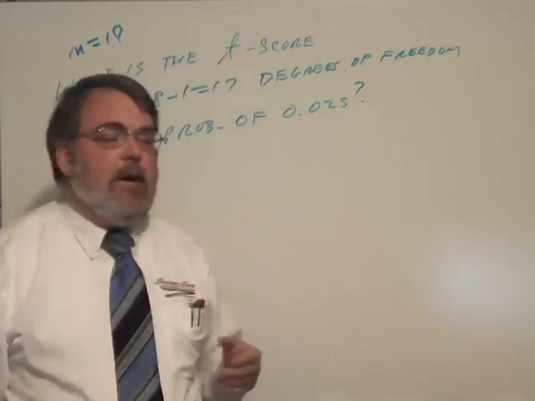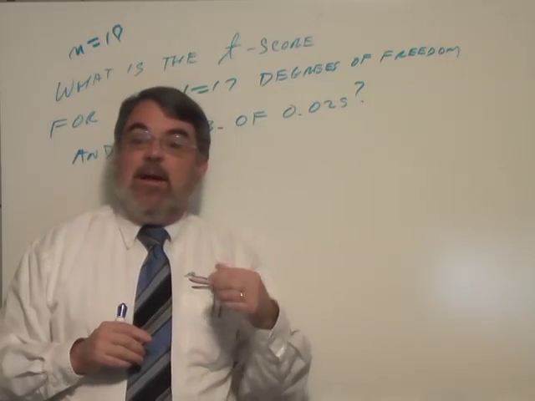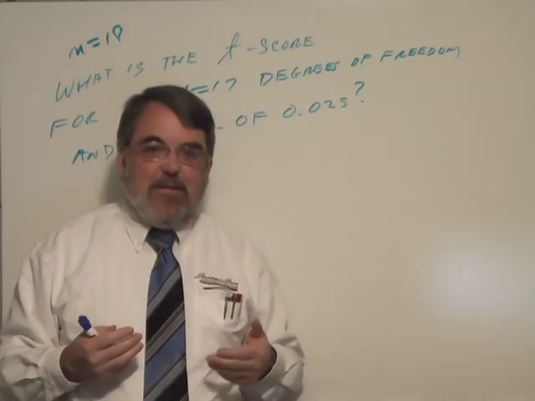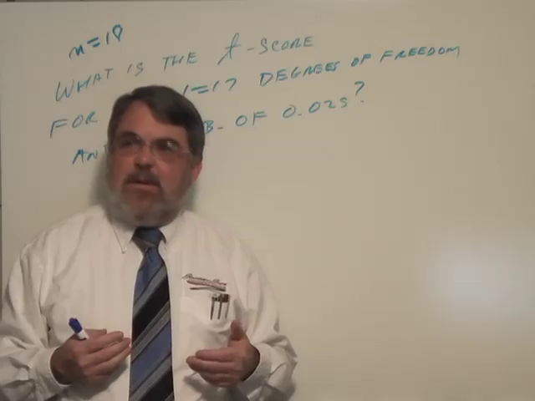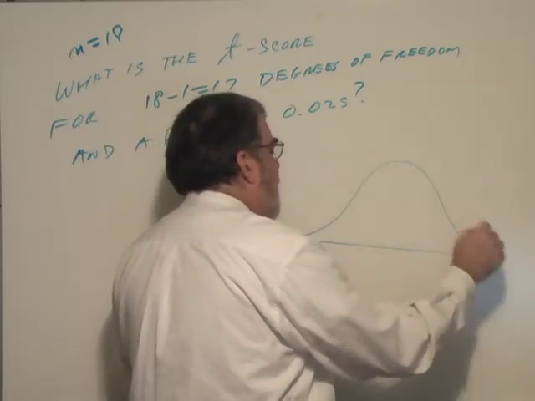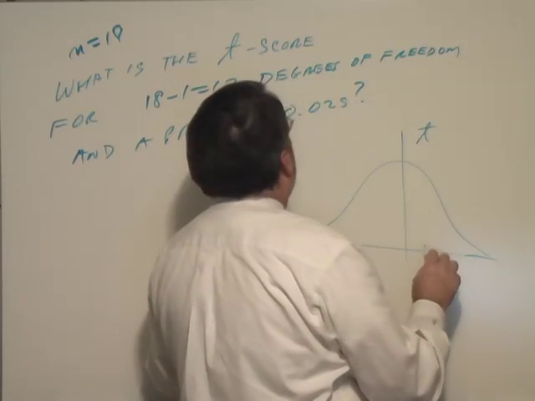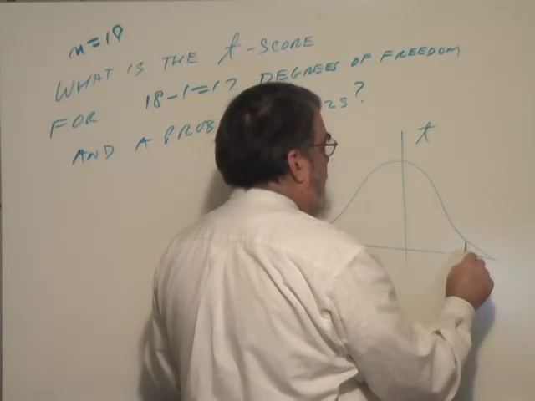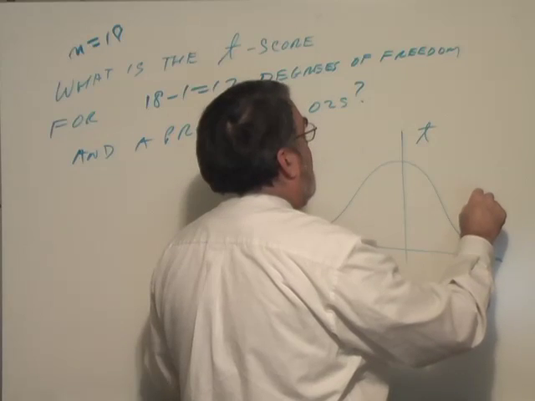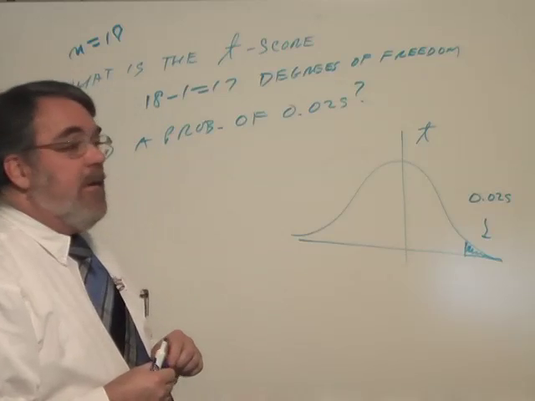What in the world am I talking about? A t-score is analogous to a z-score. It's like the number of standard deviations. So I'm asking this question: what is the number of standard deviations if you had a t-distribution and we wanted to look at, say, this end of it, the top 2.5% or 0.025 probability?